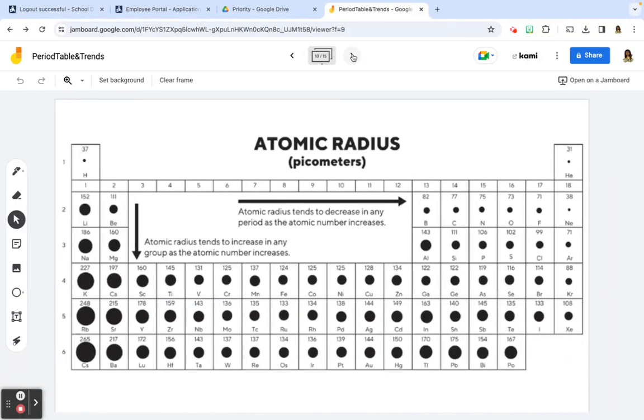So next, we're going to look at the pattern, the trend of the atomic radius. If we look here on the periodic table, look at lithium. The size of lithium's radius is 152 picometers. But as you go across the periodic table, next to lithium is beryllium.